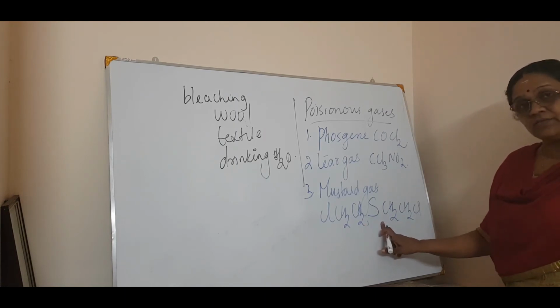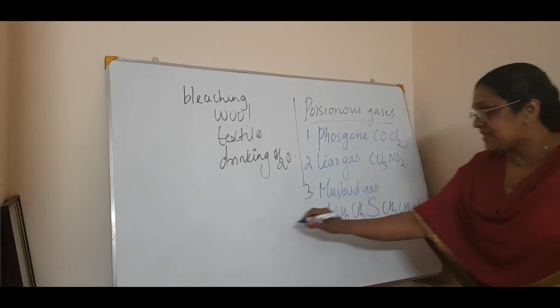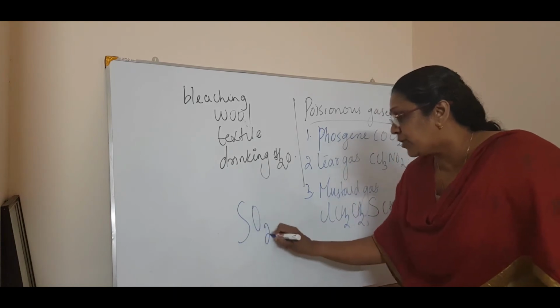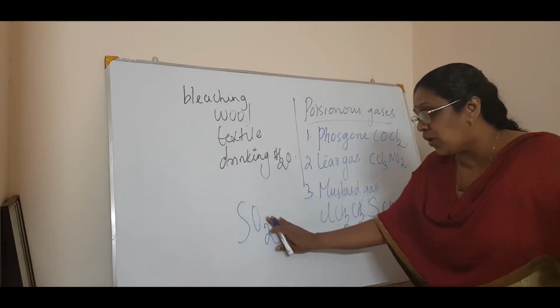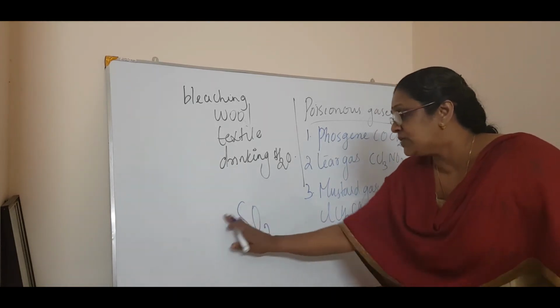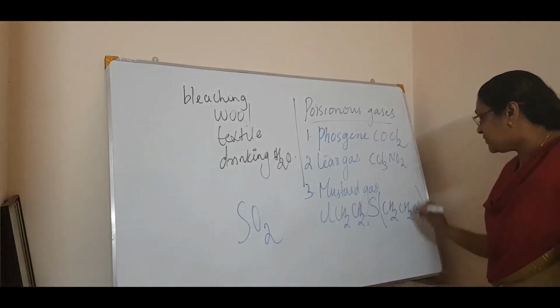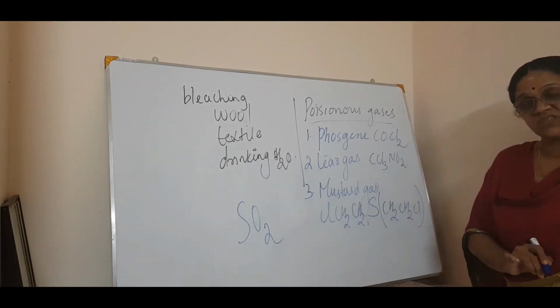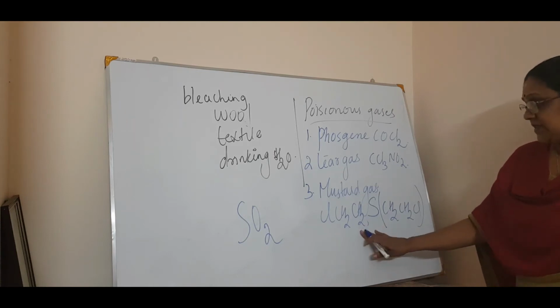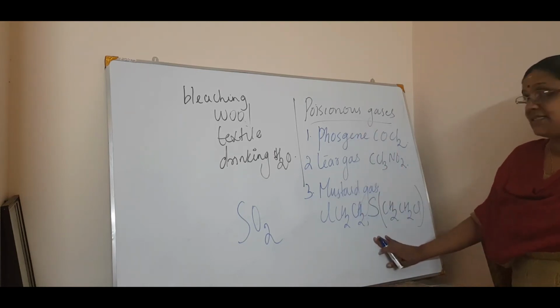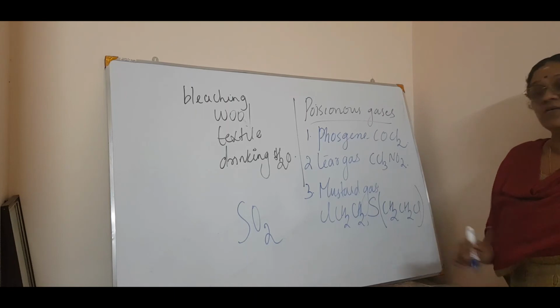Like sulfur dioxide, but instead of the 2 oxygens, on two sides there is CH2CH2Cl. Just remember like that. So these are all poisonous gases: tear gas, phosgene and mustard gas.